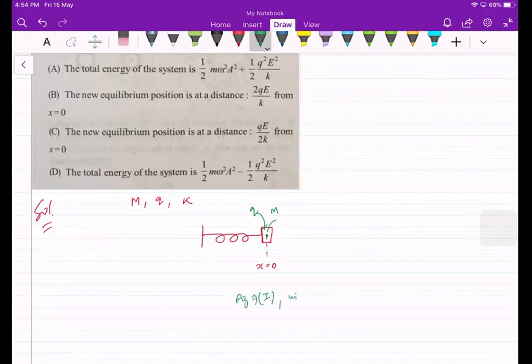So without electric field, this particle is having the SHM with amplitude equal to a, from x minus a to x plus a.